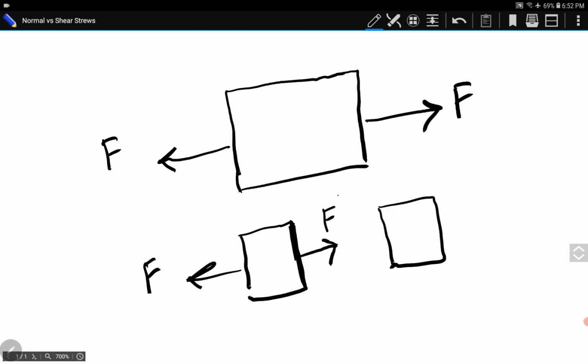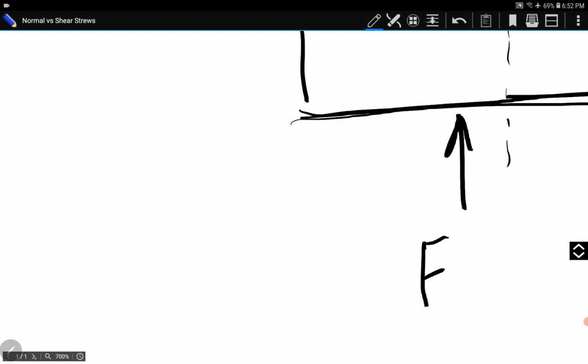So this internal force is perpendicular to the internal area and it is producing a normal effect. So it is producing a normal stress. So what we have to see is what kind of failure is intended. Either the body will fail due to tension, due to compression, or due to shear.